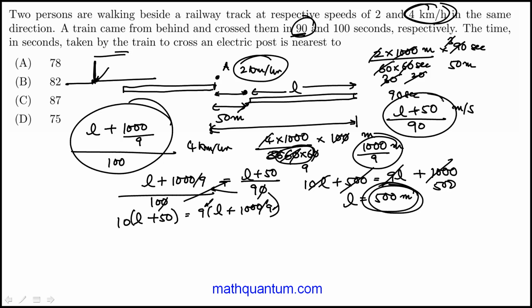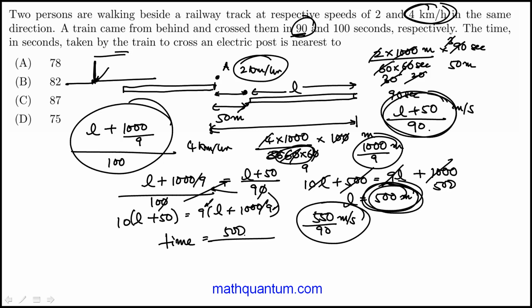I can use L as 500 and plug that in here. So it would be 550 over 90 meters per second, and the time it will take would be the length of its body, which is 500 meters, divided by its rate. Note this is in meters and this is in meters per second, so the answer will come out in seconds.